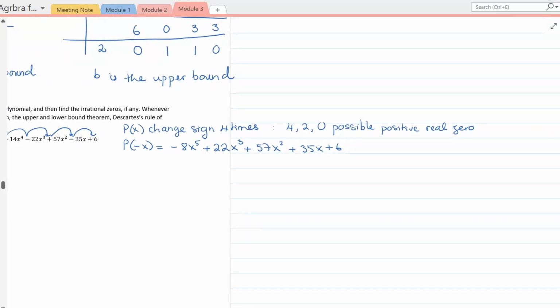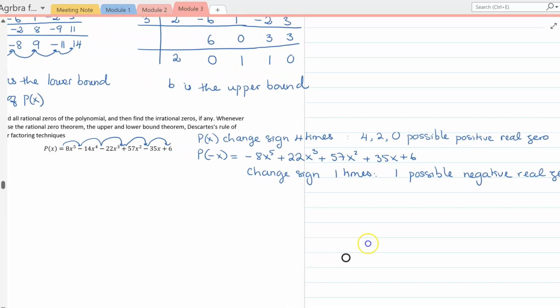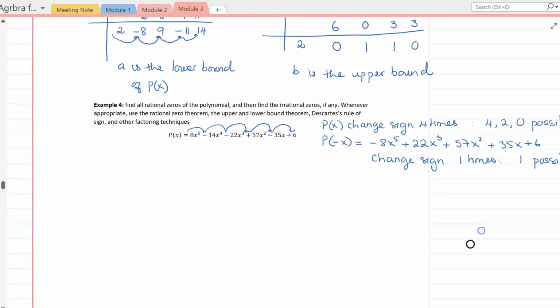And it changes sign one time. So we have one possible negative real zero. Leave that there for a moment.